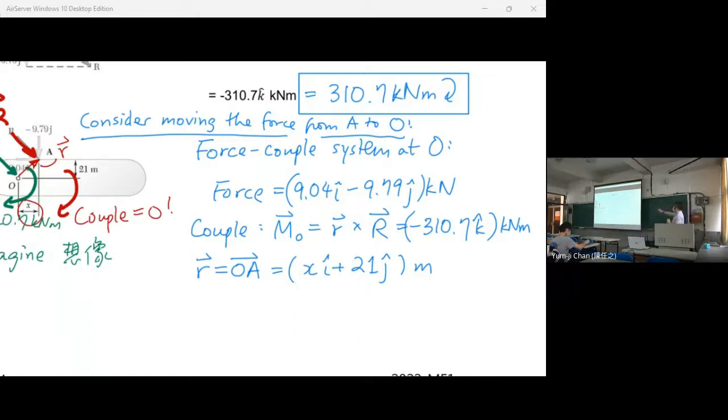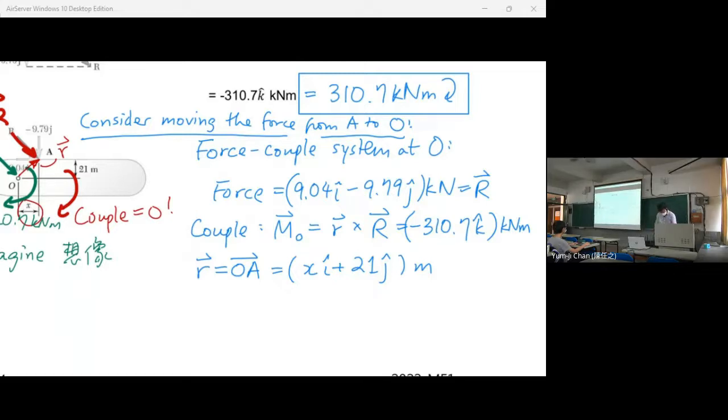So here we know this is R, and we know the force is this one, and the couple. We are thinking of moving from A to O. So this is the moment arm, and this is the couple.